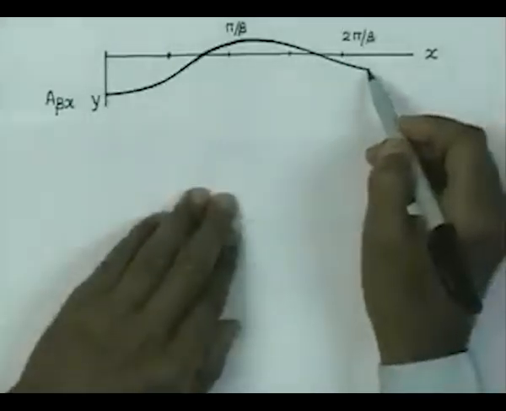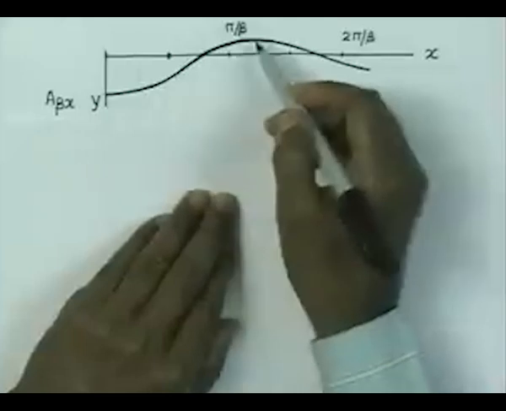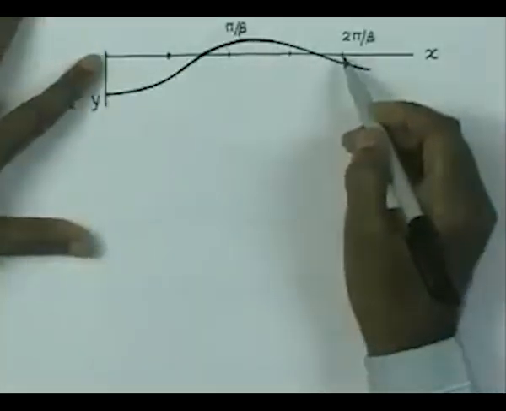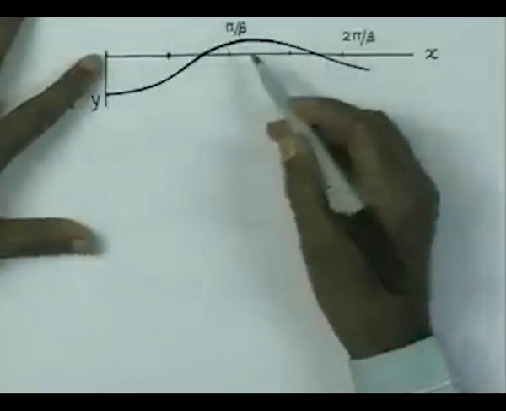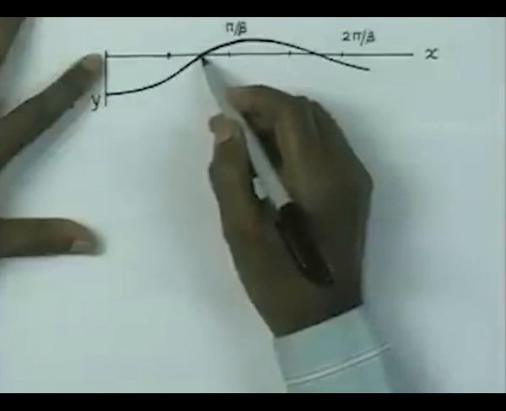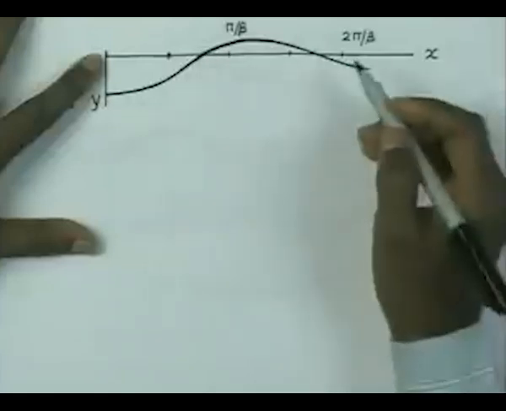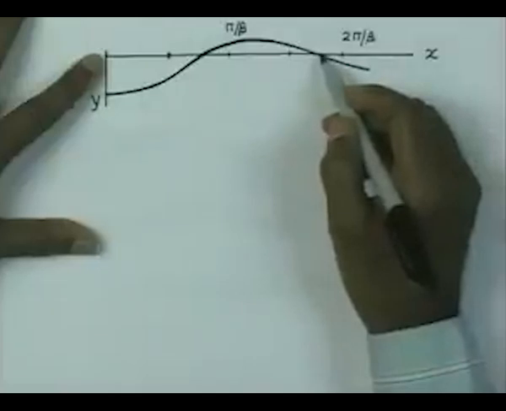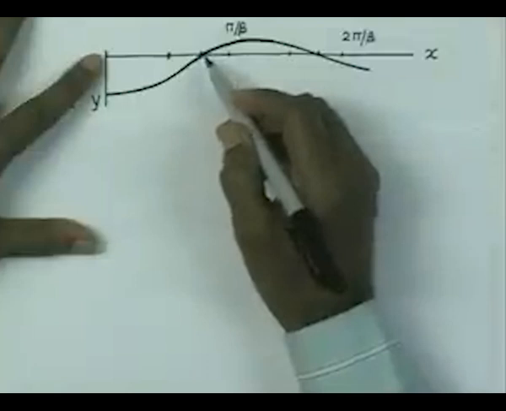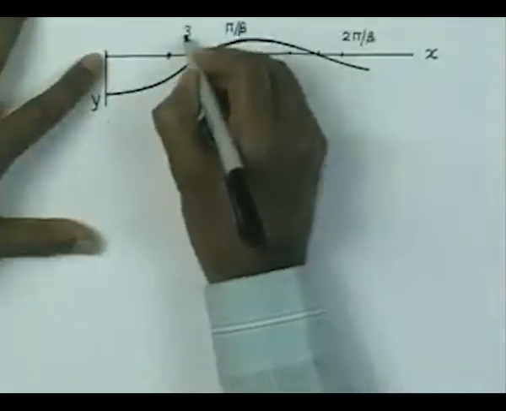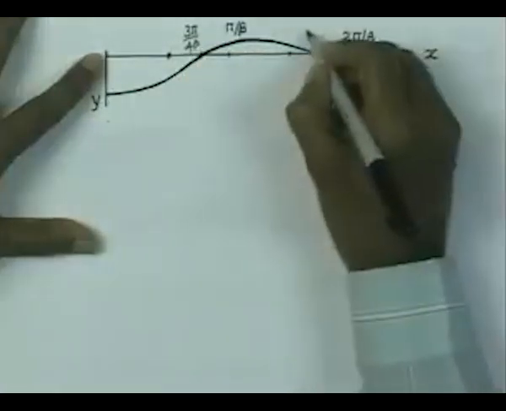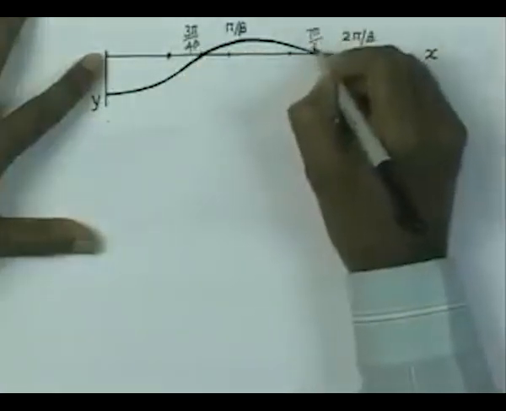Here it is positive, negative, positive, and the period of the function is 2 pi by beta and this is pi by beta. So, you find a zero somewhere about 3 pi by 4 beta, and here it is 7 pi by 4 beta, another zero. So, the nodes are at 3 pi by 4 beta and 7 pi by 4 beta.